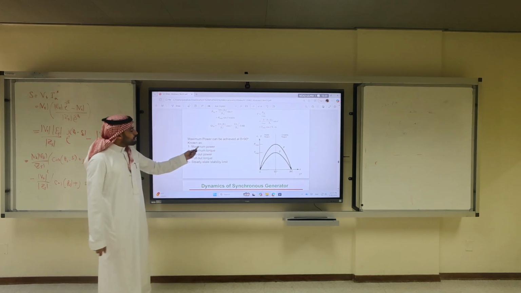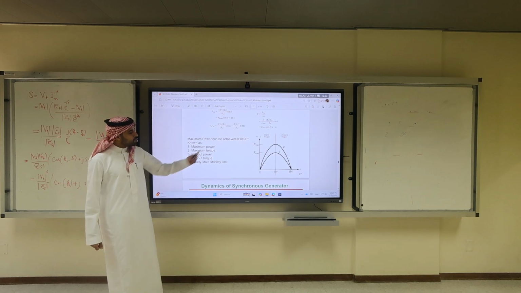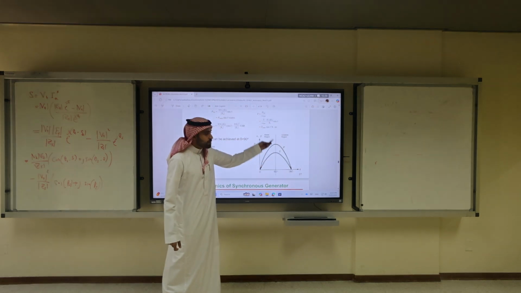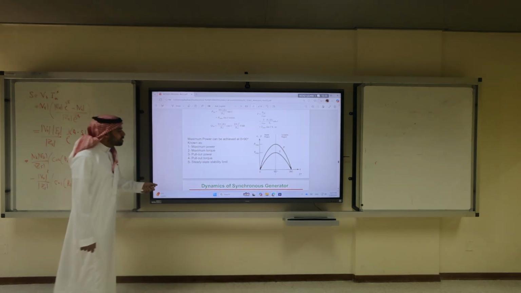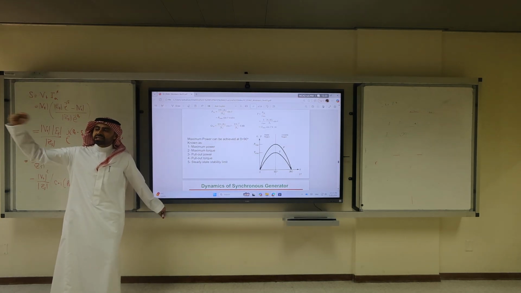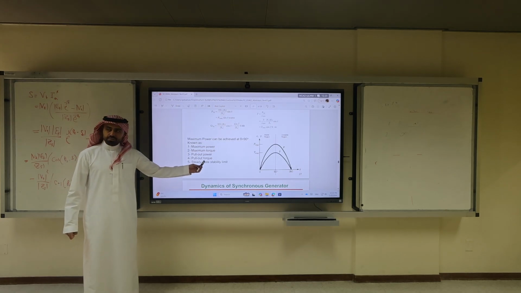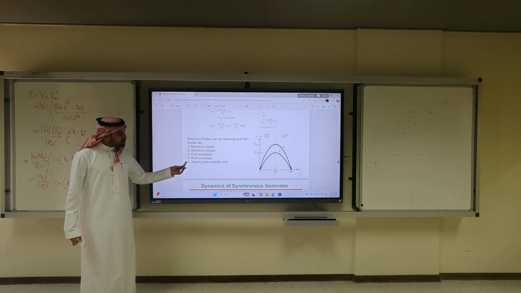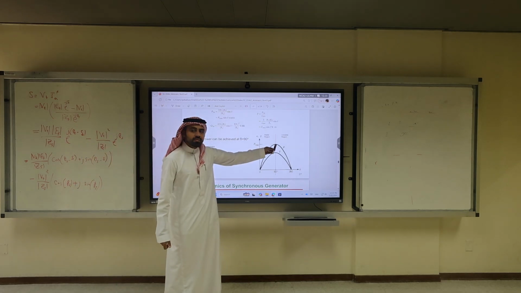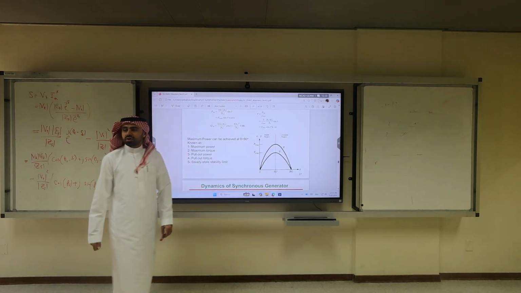They call it maximum power, that's the well-known EE 360 name, or maximum torque, because if you draw the torque curve, the maximum occurs at the maximum power. It makes sense. They also call it the pull-out, you're pulling out the maximum power. These names are important, okay? Or the pull-out torque. The fifth name is steady-state stability limit. This is the limit where if you exceed it, you go to the unstable region.